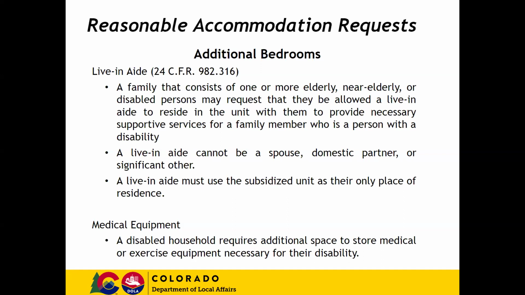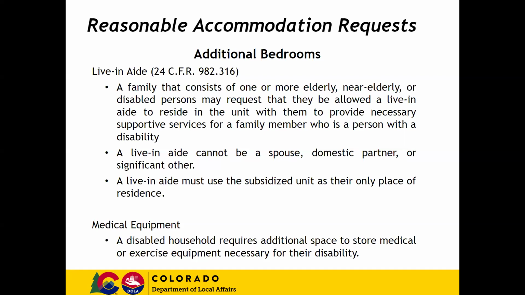Sometimes we will receive requests that don't seem reasonable. We'll often receive a request to say, I need an additional bedroom because I have a service animal, and I need to lock them in the additional bedroom from time to time.